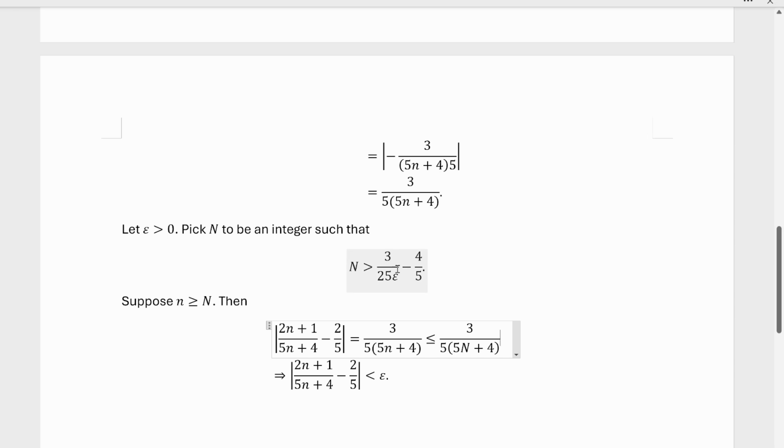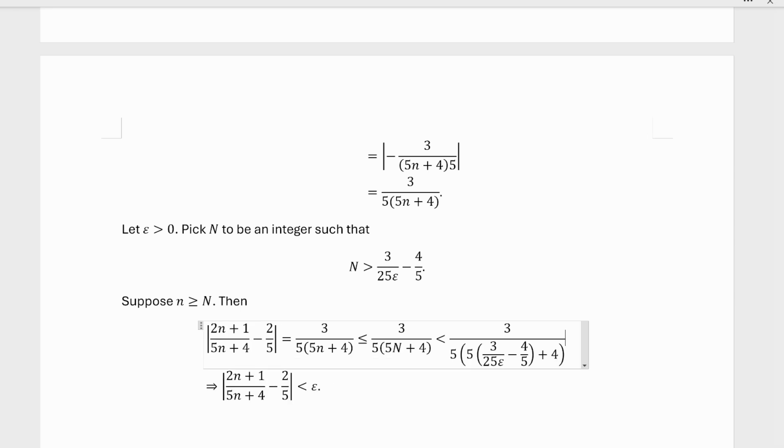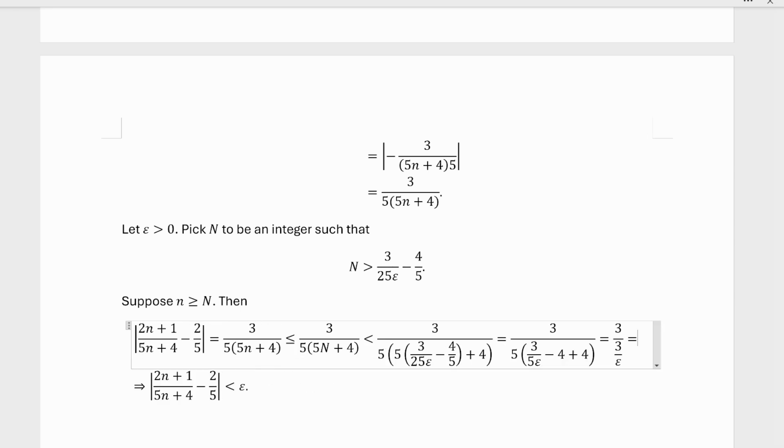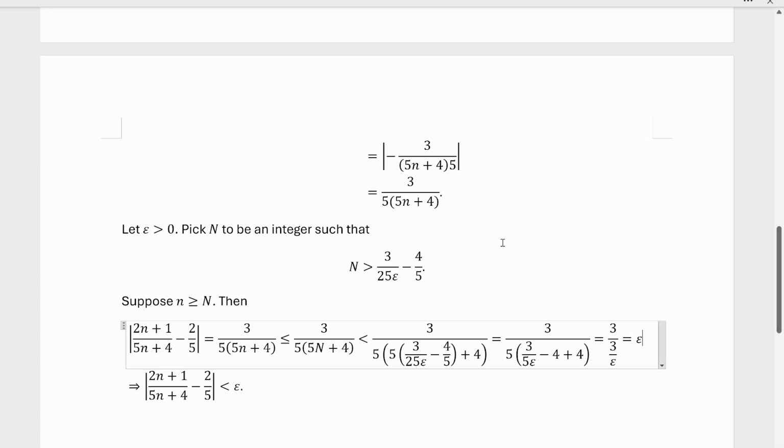And since big N is greater than the threshold we defined earlier, now the right-hand side with big N is less than the same fraction, but with big N replaced by the threshold. We can then simplify the numerator, which is just equal to epsilon. And at this point, the proof is pretty much finished.